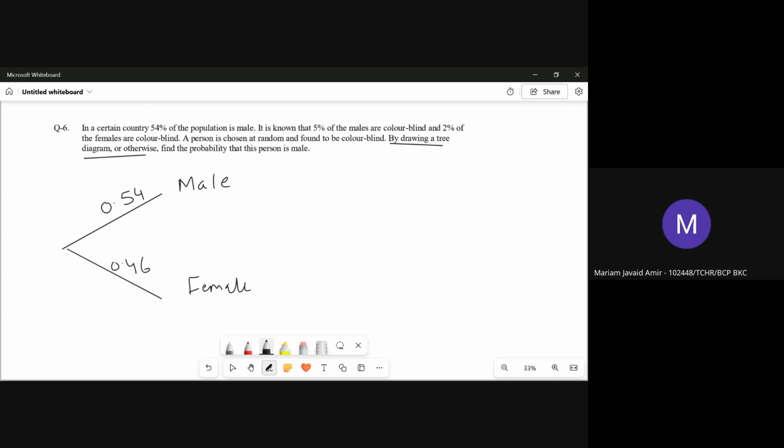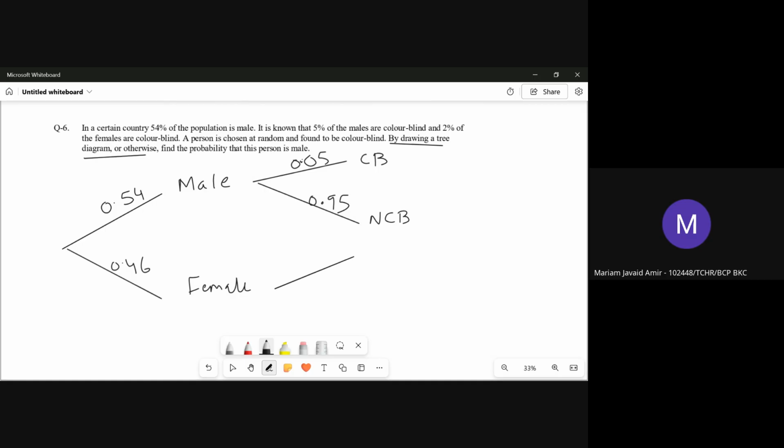It is known that 5% of the males are colorblind. So we can write colorblind here, and 0.05 is the probability that a male would be colorblind. That means the probability that the male is not colorblind would be 95%, so 0.95. 2% of the females are colorblind.